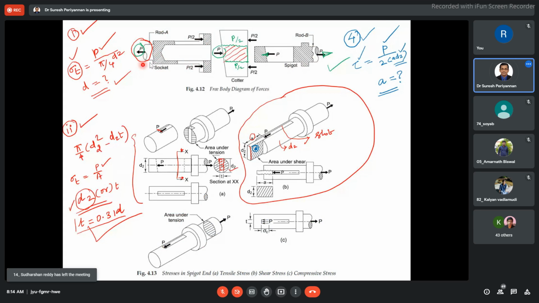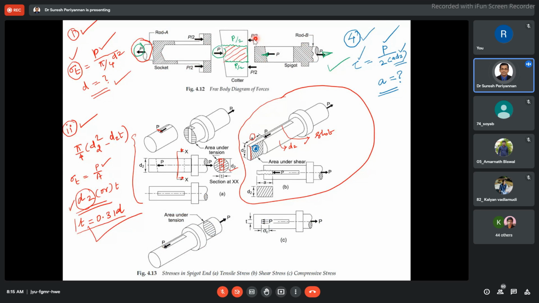Now I consider the spigot. The force is acting in the rightward direction in the rod. The equivalent force is acting on the left side of the socket end, inside the key portion, slot portion, in this portion. Then this summation is going to be 0, so this component is in mechanical equilibrium. Now I am taking the cutter.